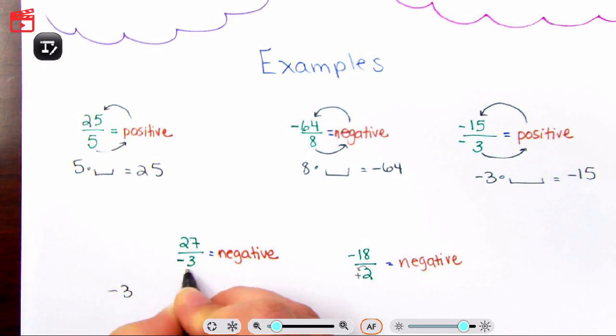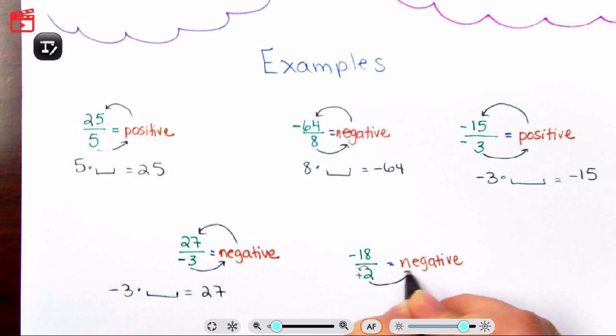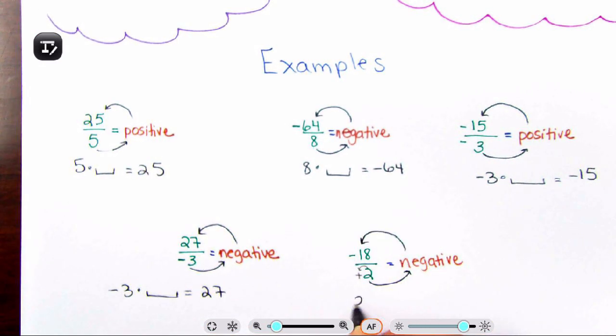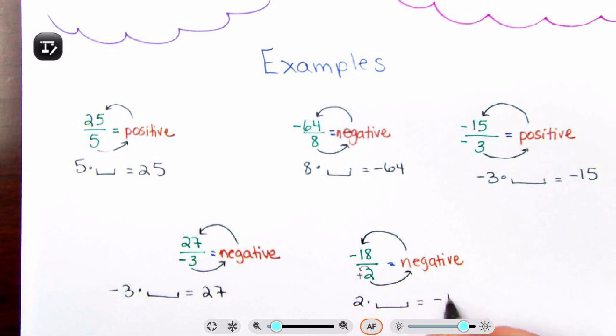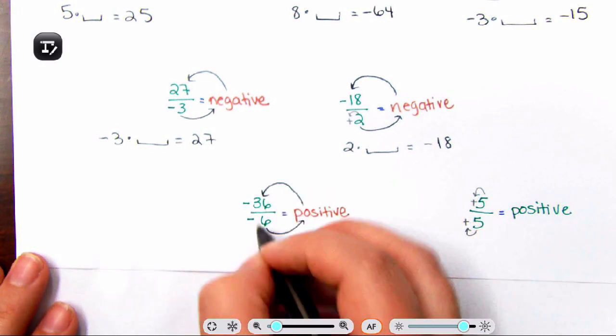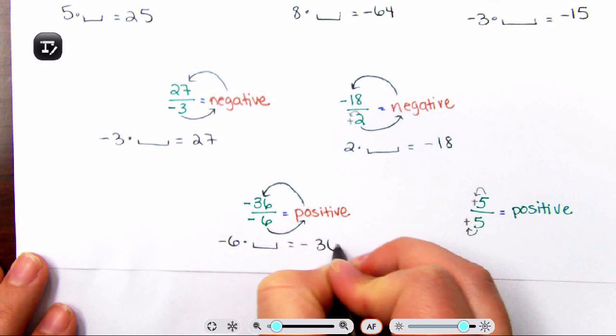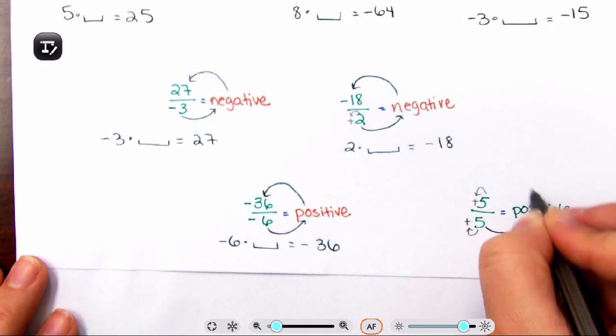Negative 3 times what is 27? Positive 2 times what is negative 18? Here we have negative 6 times what is negative 36? And our last one, 5 times what is 5?